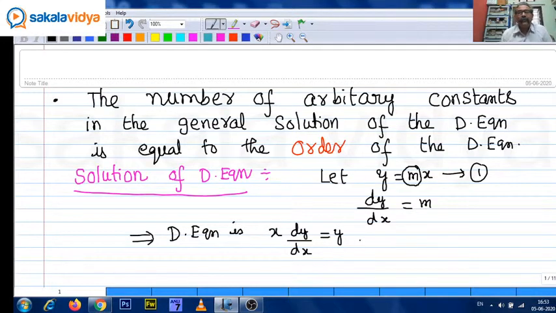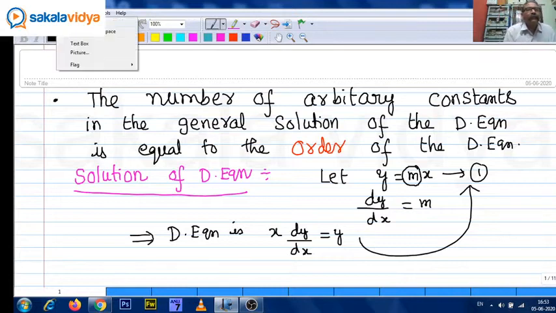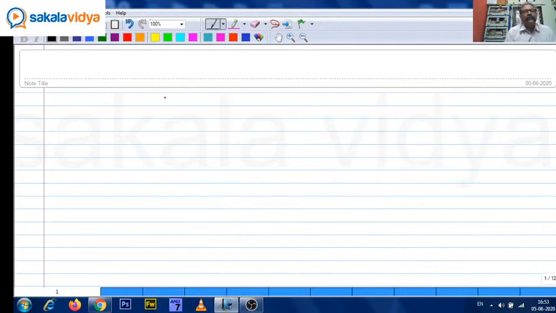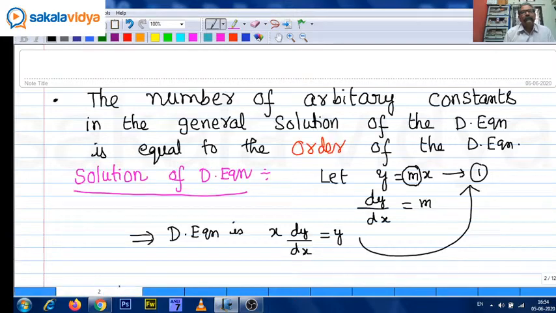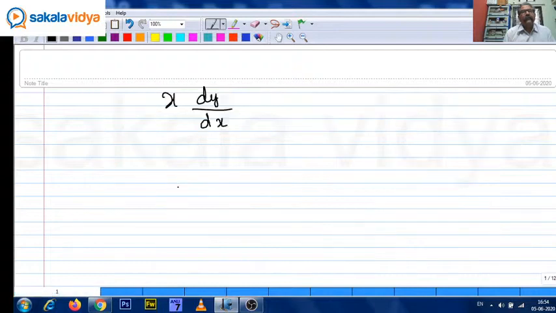Now we need to get the solution back. How to get the solution back now? Let us see. We know the differential equation, that is x dy by dx equal to y.